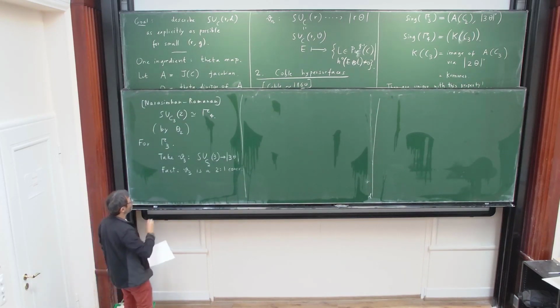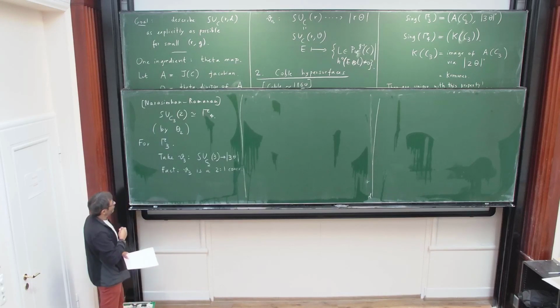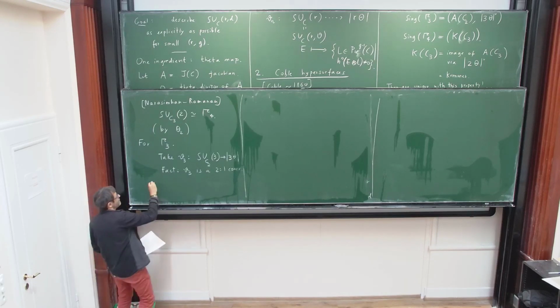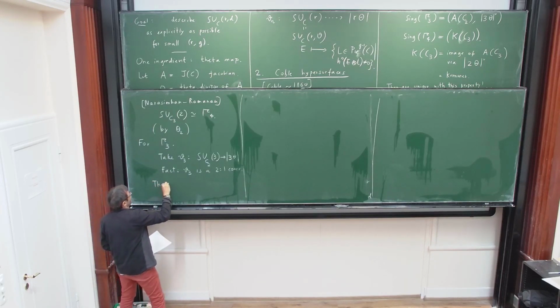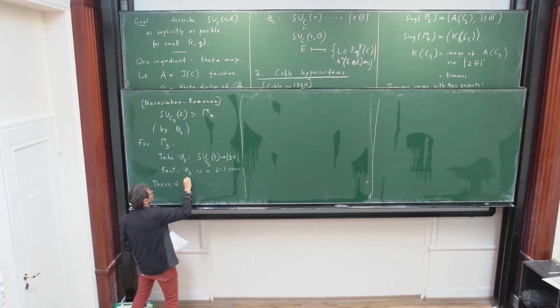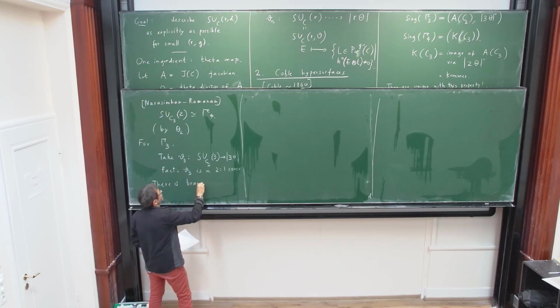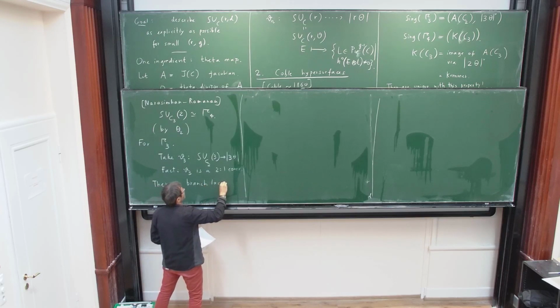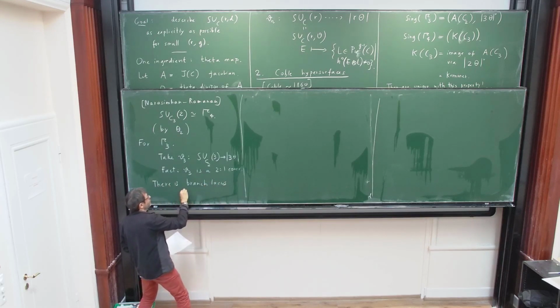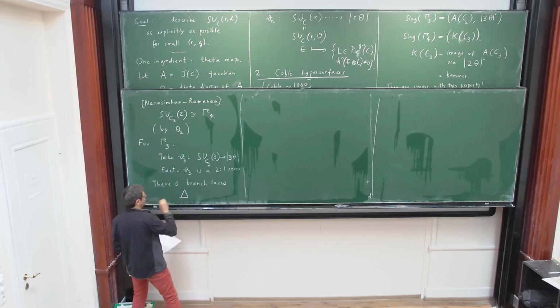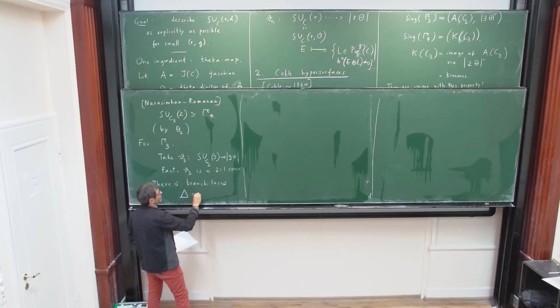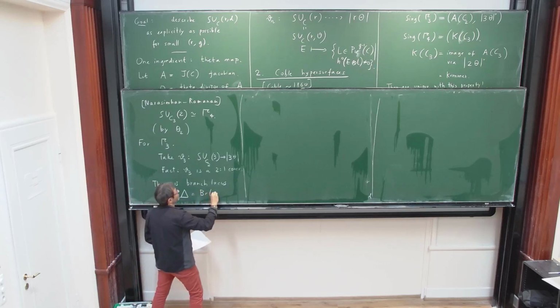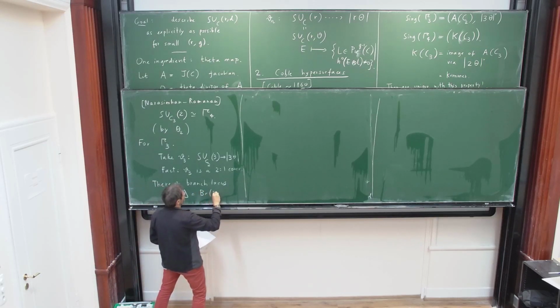And so there is a branch locus, which we call delta, of theta 3.